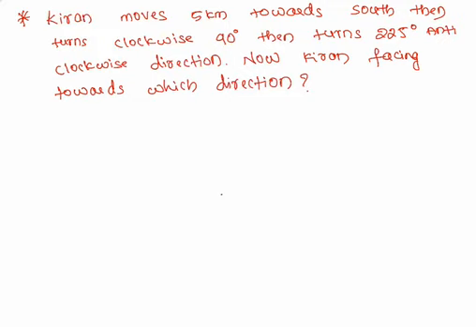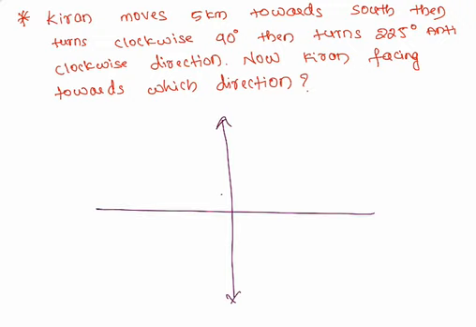Come to the next question. Kiran moves 5 kilometers towards south. First you draw the directions. This is north, this is south, this is east, and this is west.